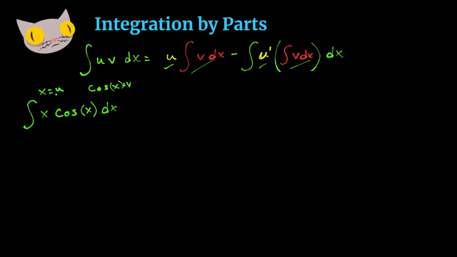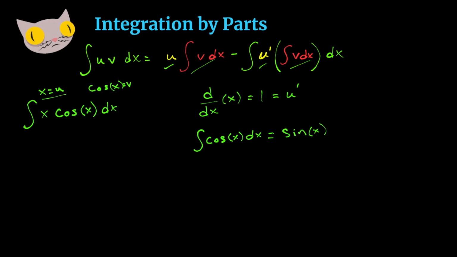So first, let's differentiate our u function. So differentiating our u function, x, we get 1. That's our u prime. Now let's integrate our v function. And we know this from the list I showed you earlier. The integral of cosine of x with respect to x is just sine of x.